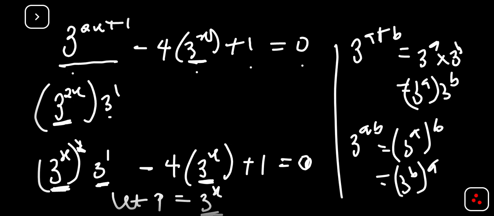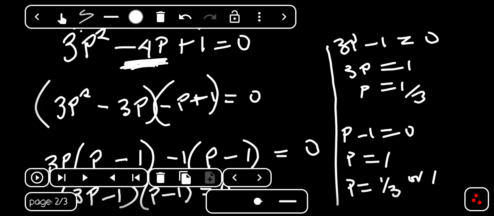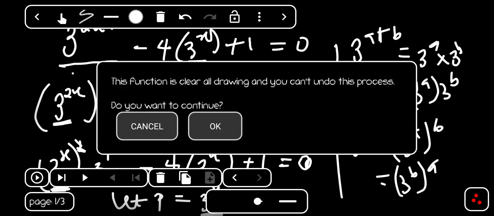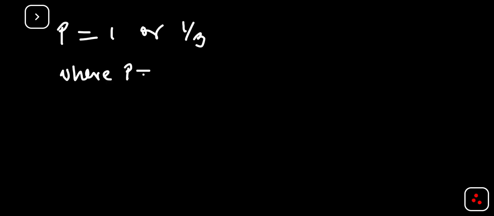So what do we do here? All we need to do right now is for us to say, since p is 1 or 1 over 3, then where p is 1, and the equation p equal to 3 to the power of x, where p is 1, we have 1 equals 3 to the power of x.